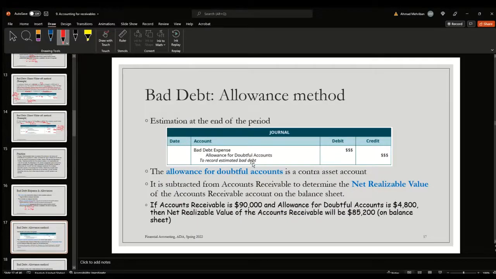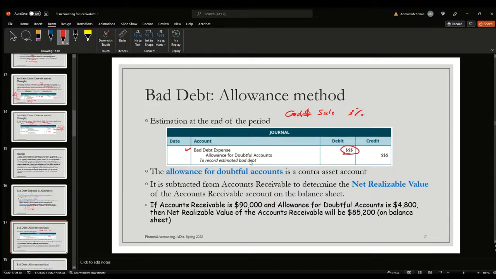Now, the allowance method first tells us to make an estimation. When you do an estimation, you first record the bad debt expense, increasing it by the estimated amount. Depending on the company and the accountant's experience, he might make an estimation, like let's say that 3% of the total credit sale amount will be insolvent, so that 3% will be recorded as a debit to bad debt expense.